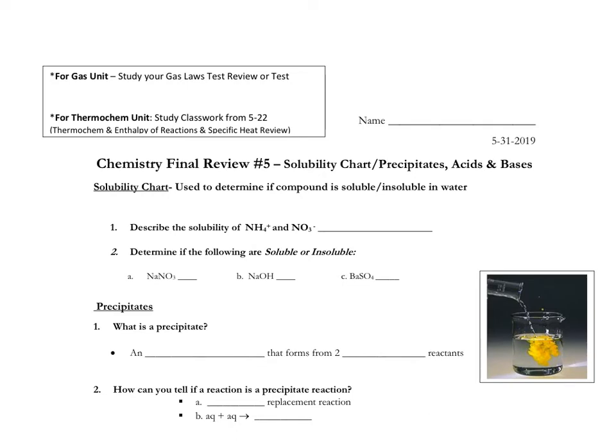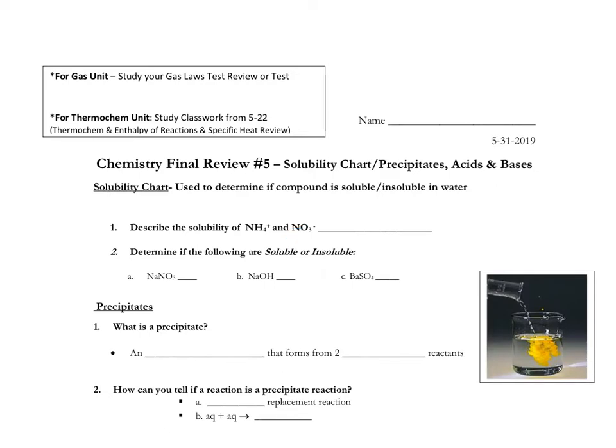So refer to the chart, look underneath soluble, and when you look for NH4, it should be the second compound listed there underneath soluble. If I look over to the right, it says common exceptions, and there are none. So that means that NH4 is soluble in water, which means it will dissolve in water. Find NO3.